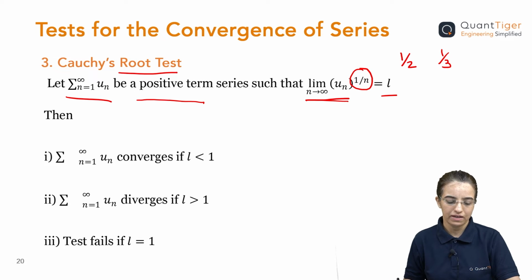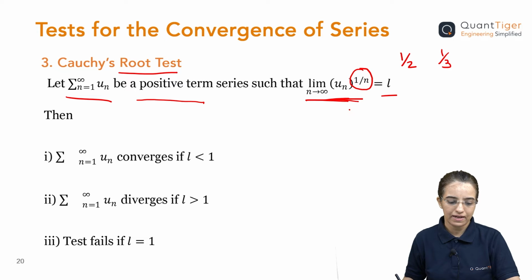We take the root of the series, check what answer it gives, and depending on the answer we decide whether it is convergent, divergent, or the test is failing.